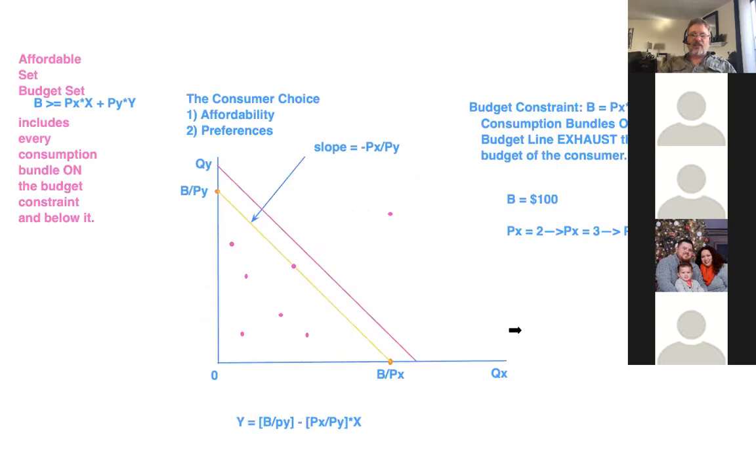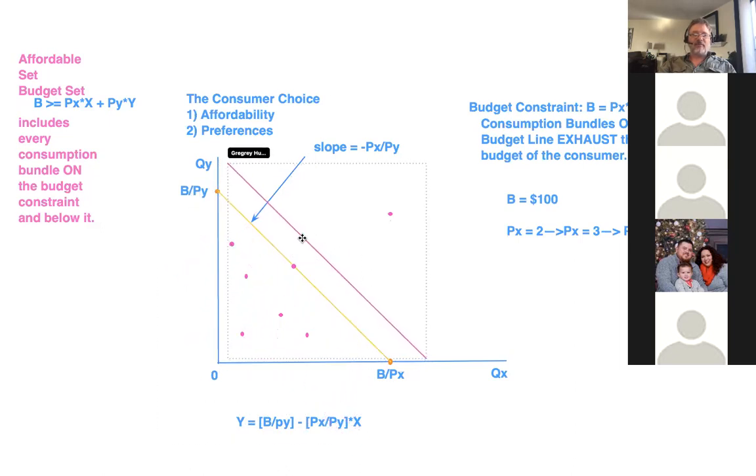And so I can show a change in the budget, and obviously I'm not changing the length of the line segment that I drew. But just changing B is either going to be a parallel shift out of the budget or a parallel shift in of the budget.